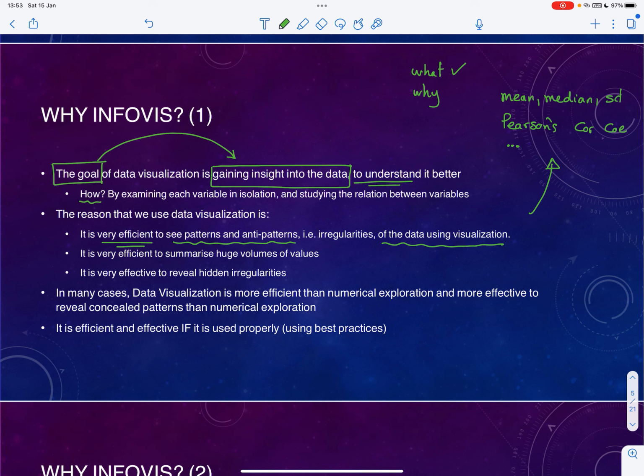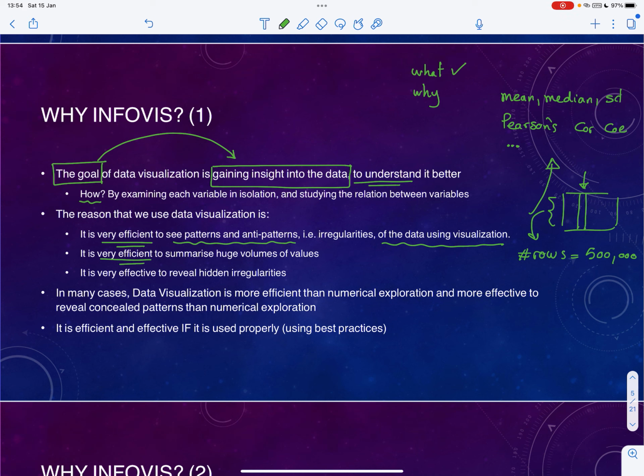It's very efficient to summarize huge volumes of values. Okay? So you have a data set of, let's say, number of rows 500,000, and if you want to go through one variable, you will have 500,000 digits to study one by one.